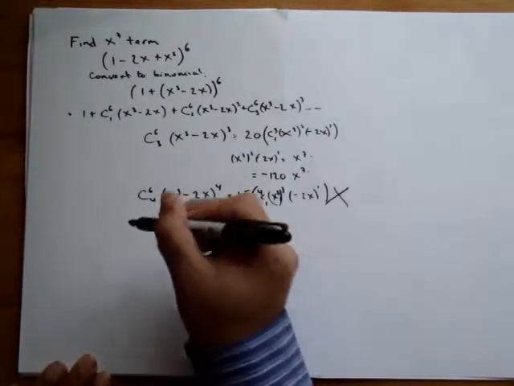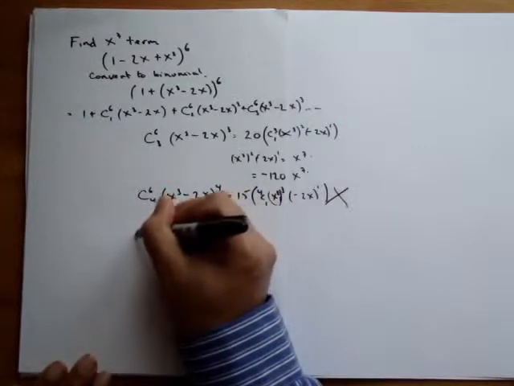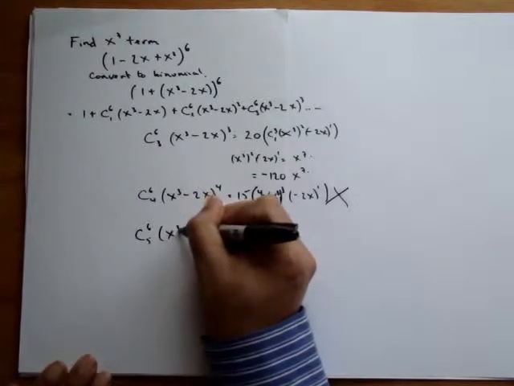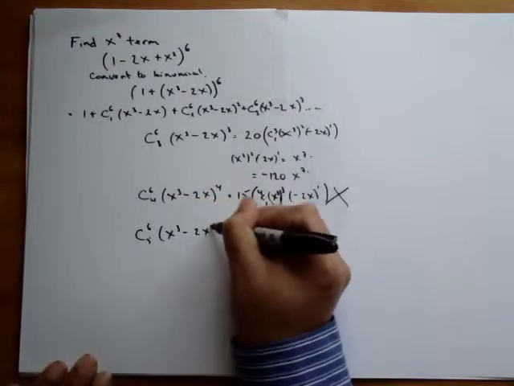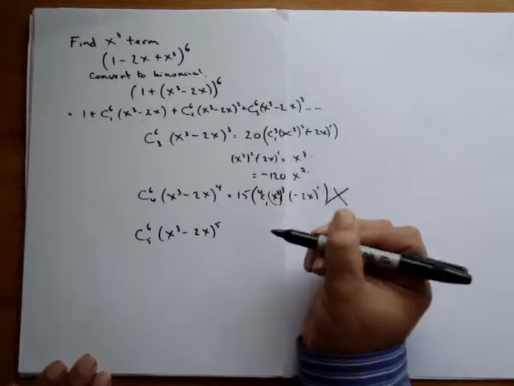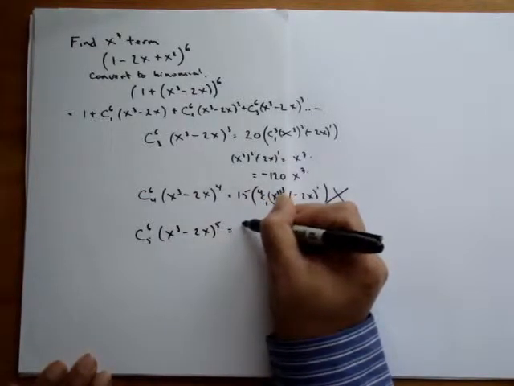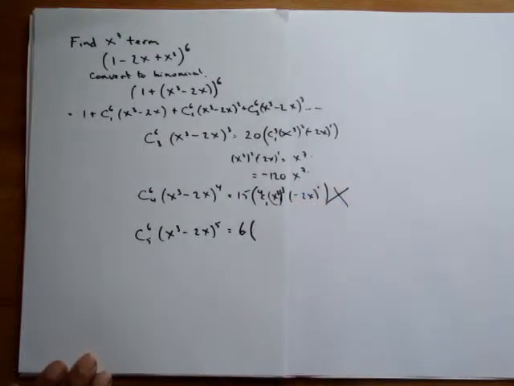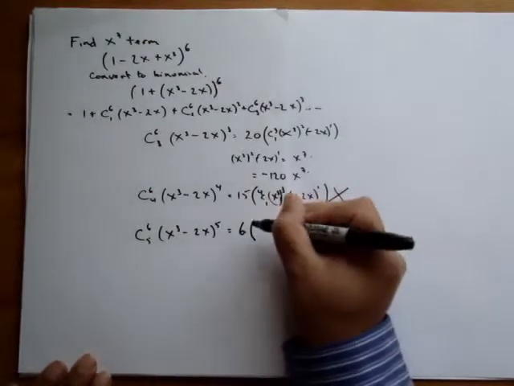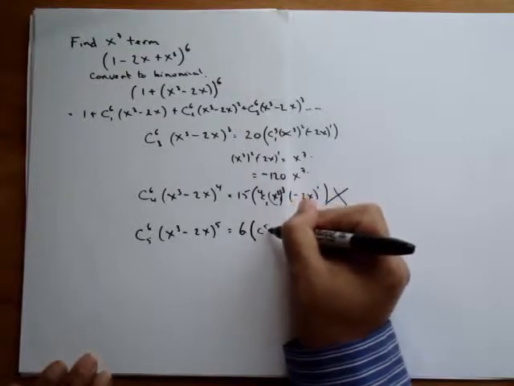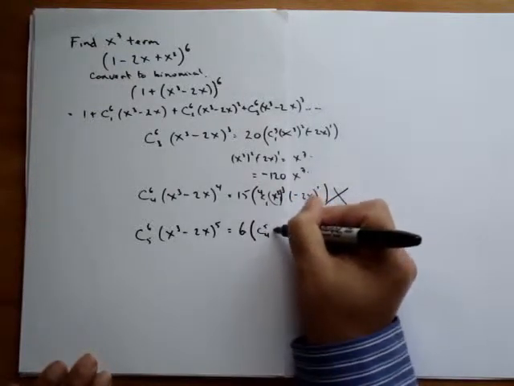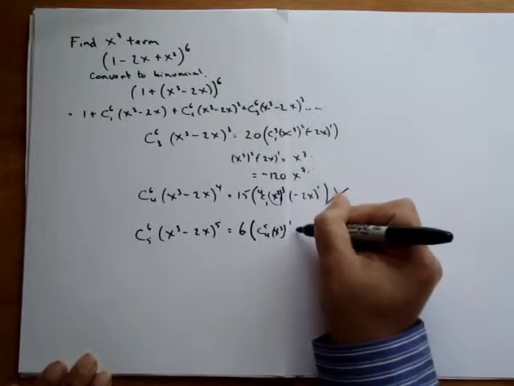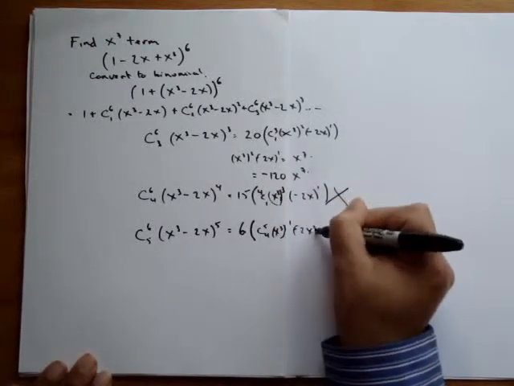Let's have a look further along. So if we have the next term, which is x to the power 3 minus 2x to the power 5. This is going to give us 6 on the outside as our nCr, then inside the brackets we're going to have 5, 4, x to the power 3 to the power 1, and minus 2x to the power 4.